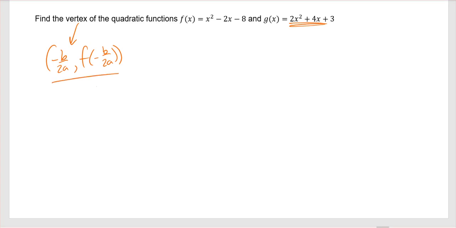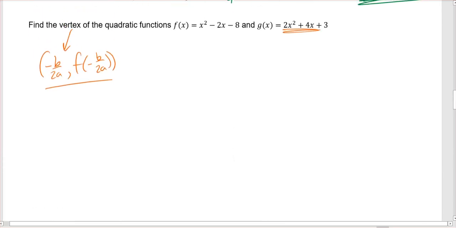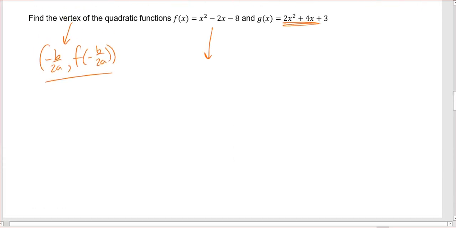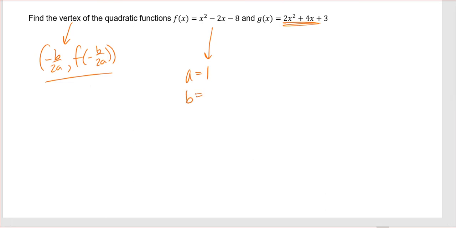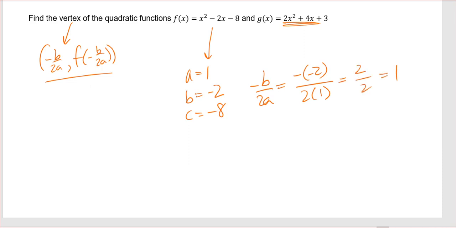So for that first one here, we have that a is 1, b is negative 2, c is negative 8. So we can find what negative b over 2a is. So negative b would be negative negative 2 over 2 times a. So we got positive 2 over 2, which is 1.